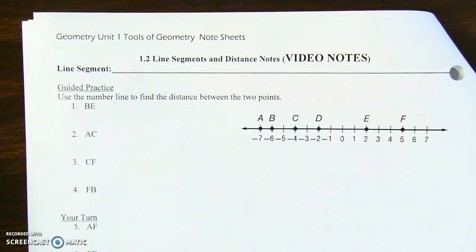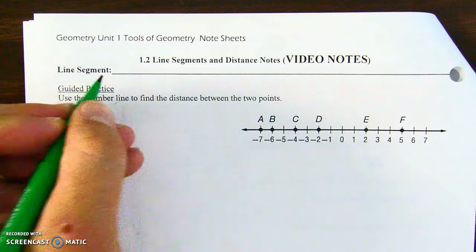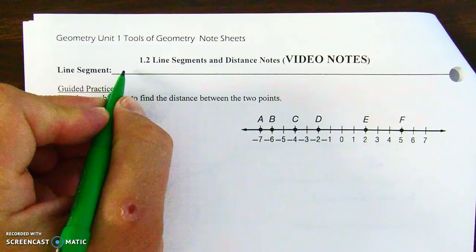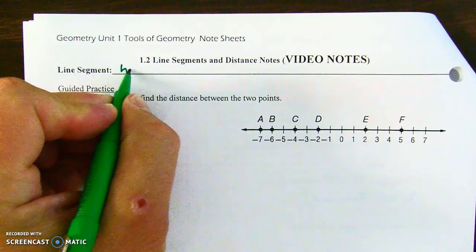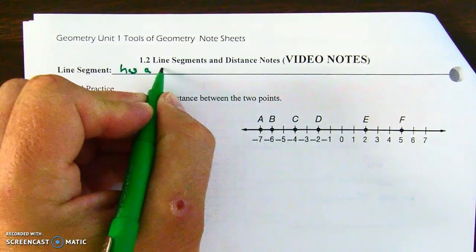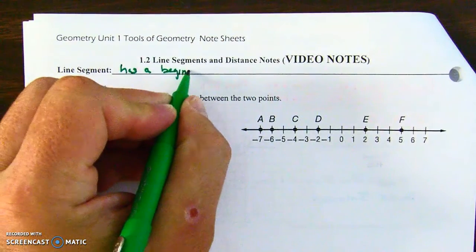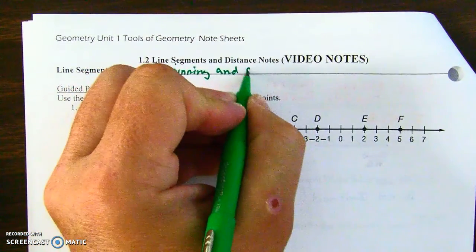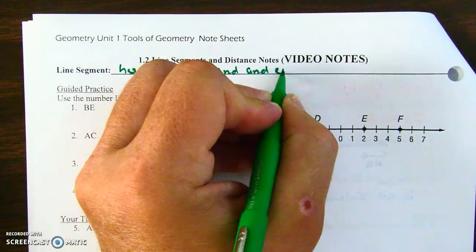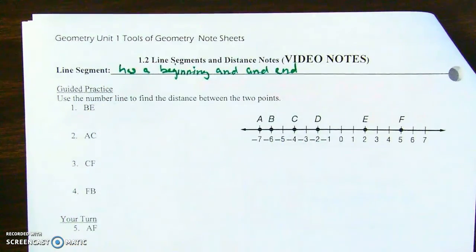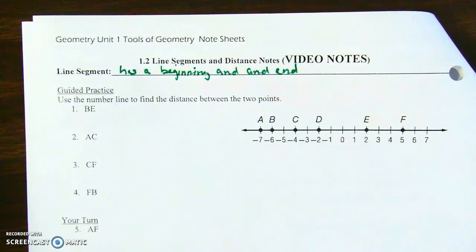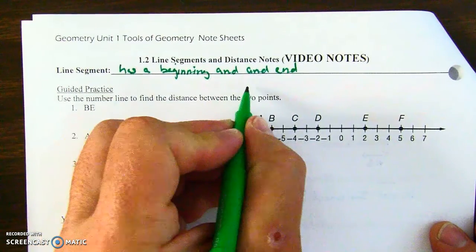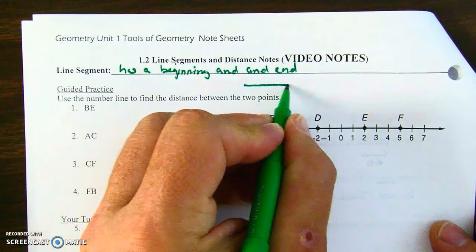So in a situation like this, if we had a line segment, it has a beginning and an end. Okay, so with that being said, if I were to draw a general line here, let's just draw one underneath.